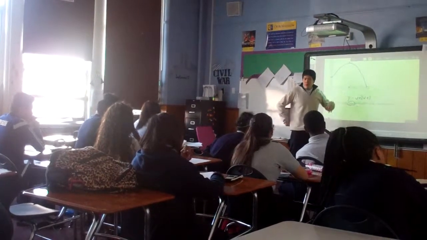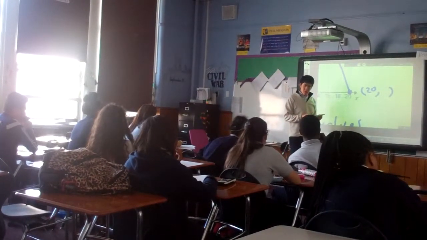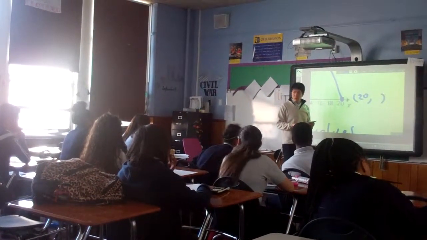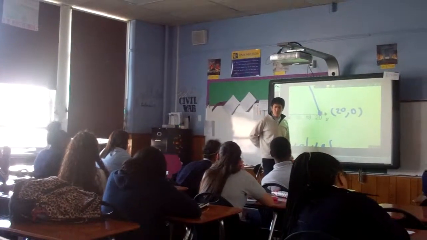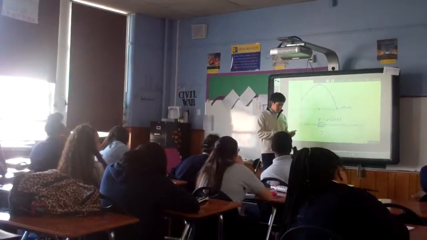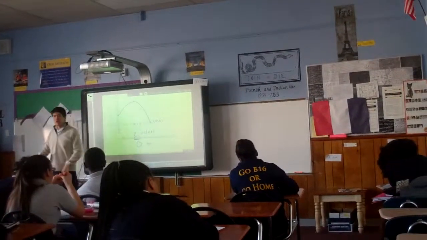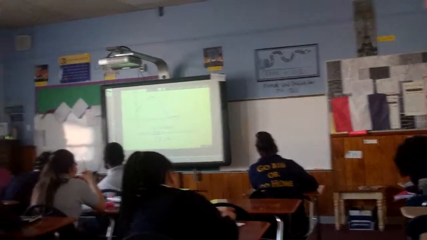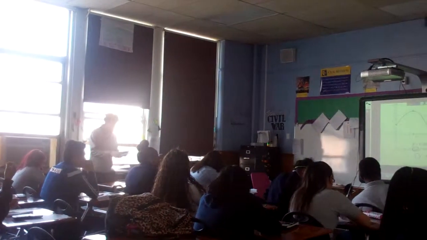How would you write this as a point? 20 comma what? 0. So from 0 to what? What is his highest height? Pay attention. 15. So from 0 to 15 is your range.